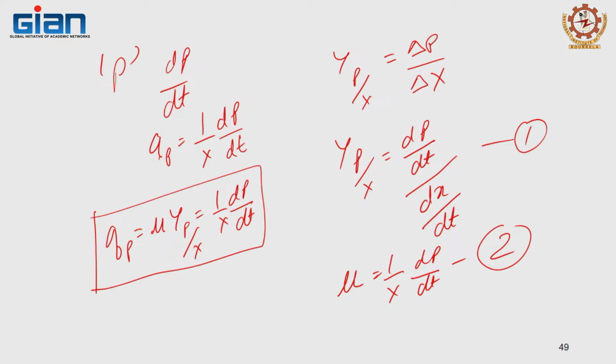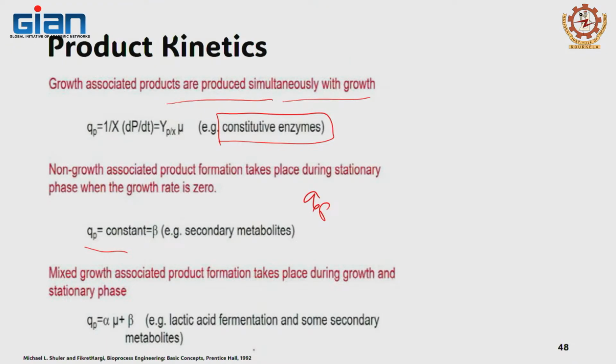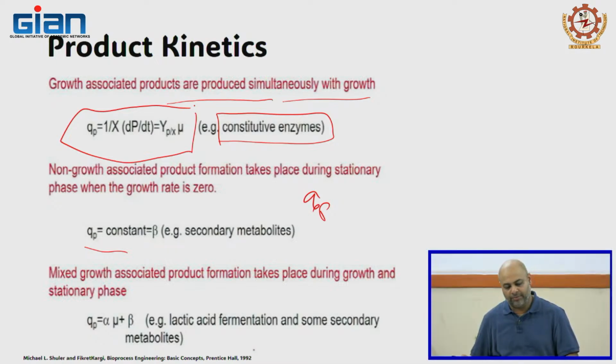You do not have to write all of these things, it is just for you to understand how we are looking at it. So, there is a specific product formation rate, there is a specific growth rate mu, and QP is your specific product formation rate. So, the equation that we have just developed is this for the growth.